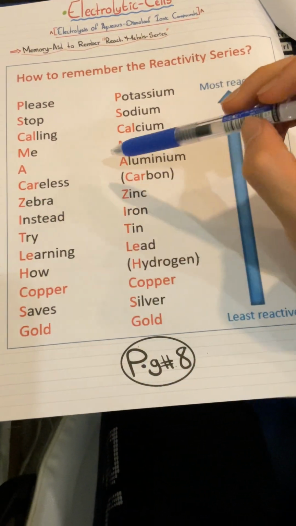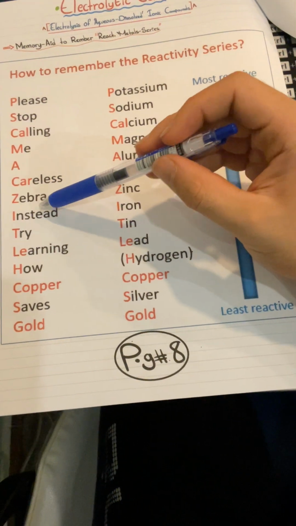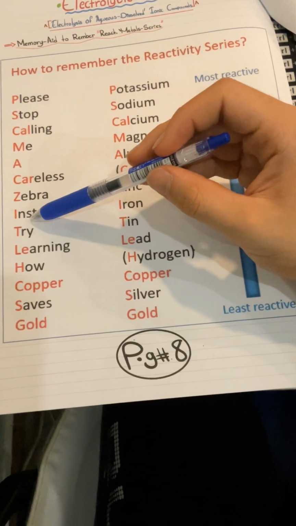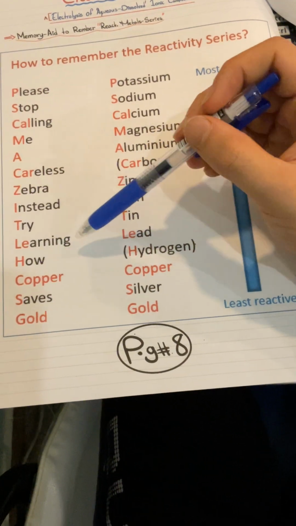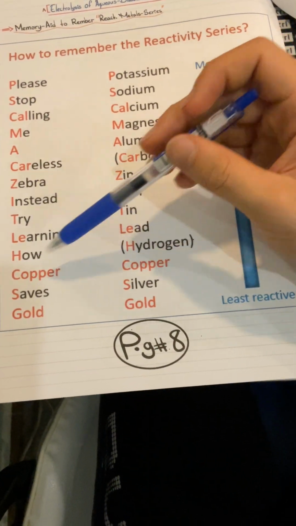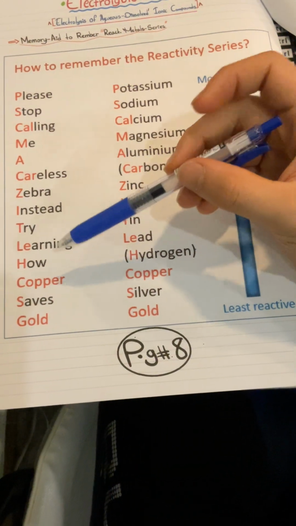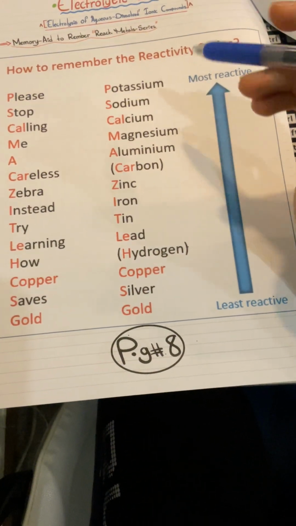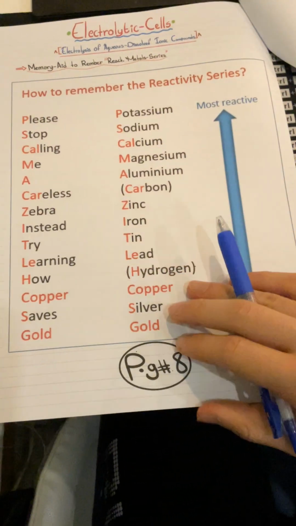Careless, carbon. Zebra, zinc. Instead, iron. Try, T for tin. Learning, lead. How, hydrogen. Copper is copper. Saves, S for silver. Gold is gold. So just remember this and trust me, it's going to be very easy for you. As you're going from down to up, least reactive to more reactive, okay?